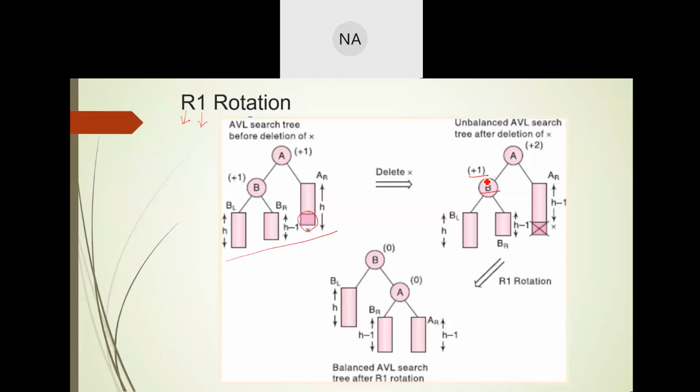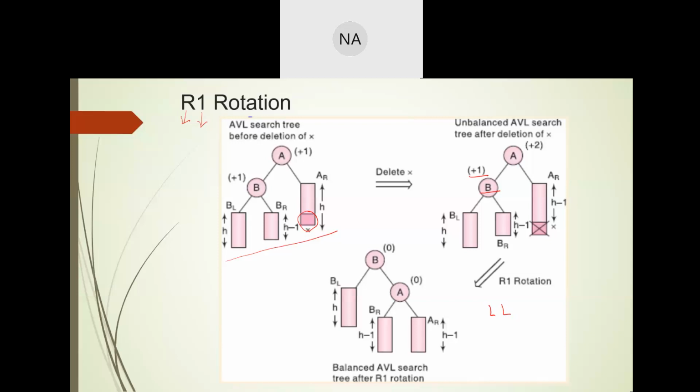So it is R1 rotation, and R1 rotation is also exactly the same as LL rotation. The number and type of steps performed in R1 rotation are also the same as LL rotation. It means that both R1 rotation and R0 rotation are the same, because both are the same as the LL rotation.